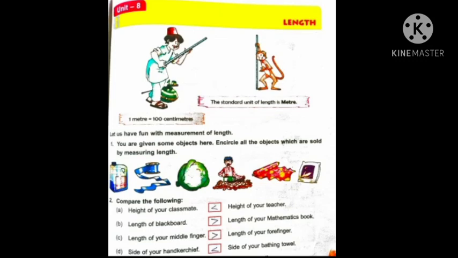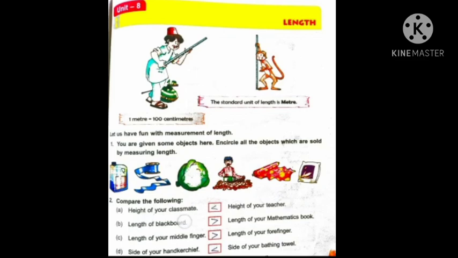You have to compare by using less than, greater than, or equal. See, children, height of your classmate, height of your teacher. Whose height will be more, children? Tell me. Yes, it is teacher. So here we have to write the less than symbol. Height of your classmate is less than height of your teacher.